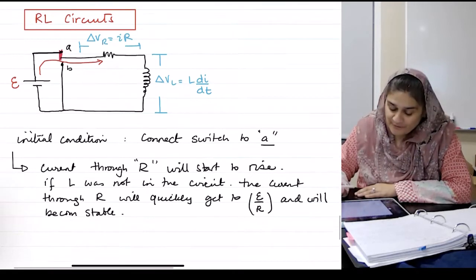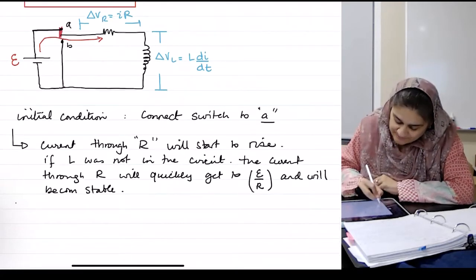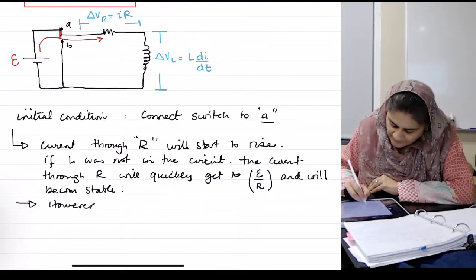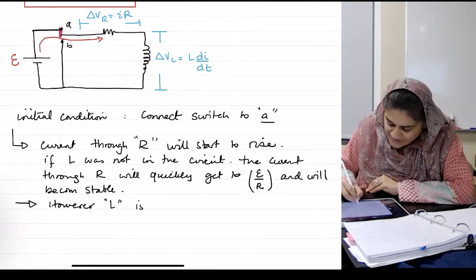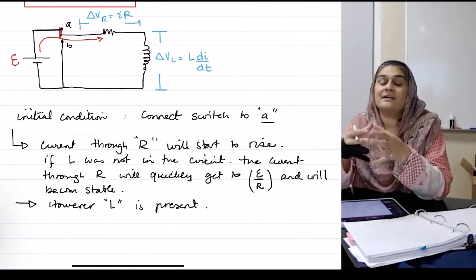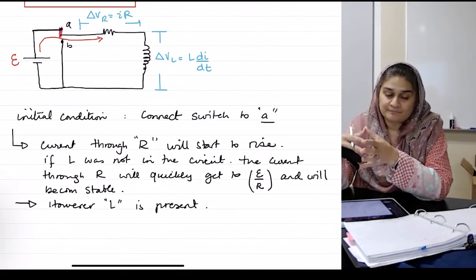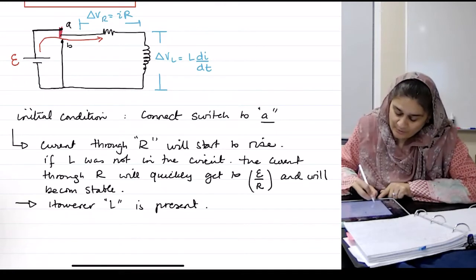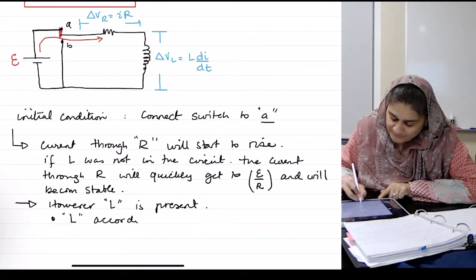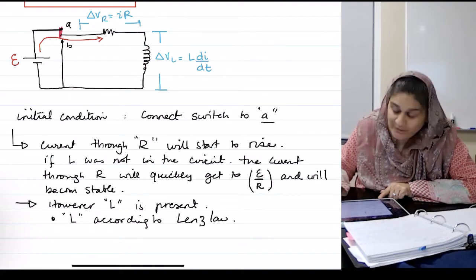Now, however, in this case, L is present. Now, what is the effect that L is going to have in my circuit? What did we say? L, according to Lenz's law, will do what?